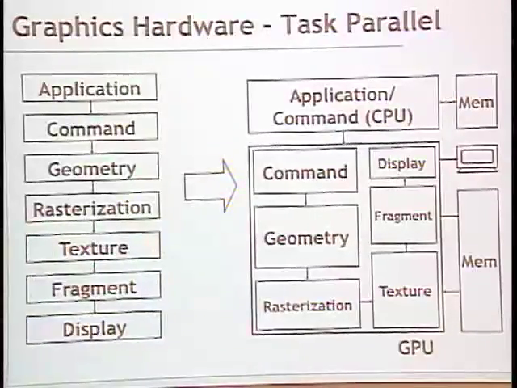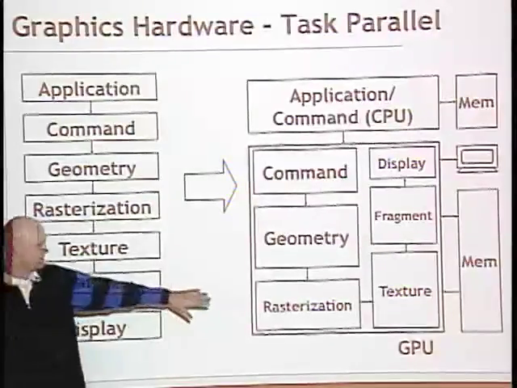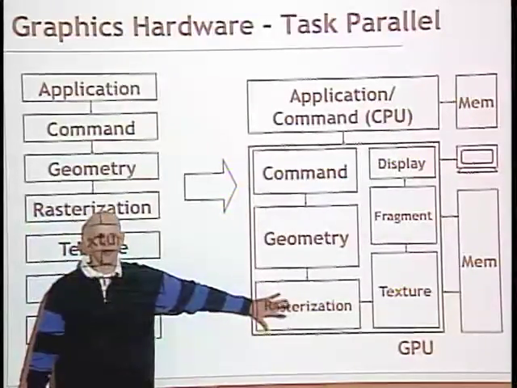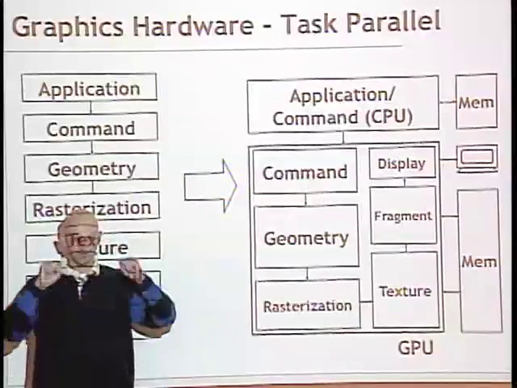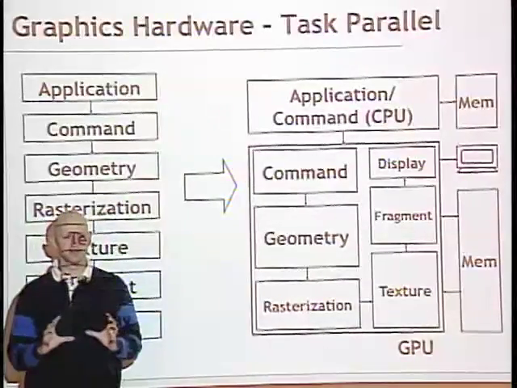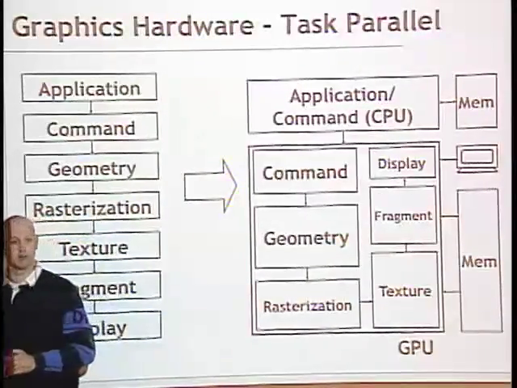You can optimize each step of the pipeline to do its job the best it can do. So this is the big win. The big win is the win of specialization. If I want to build a rasterizer to only do rasterization, I can build silicon that's going to be optimized just for that task. And it turns out you can get big wins from being able to do that.